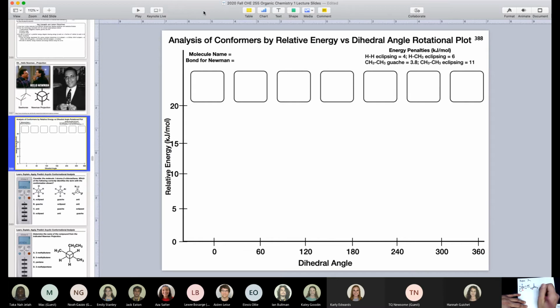But the methyl, the H, this whole energy penalty now costs 14 kilojoules per mole. So to do this rotation, it costs 14. We already said that HH eclipsing was +4. This is +4. So what does that make this remaining penalty?